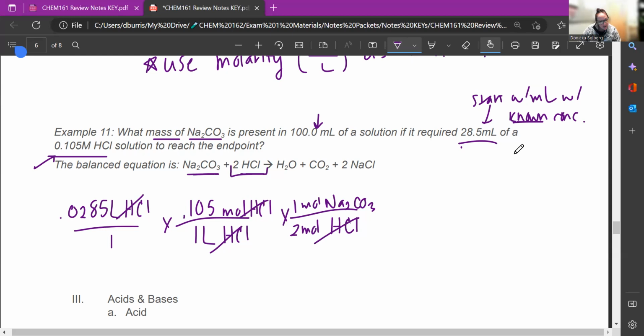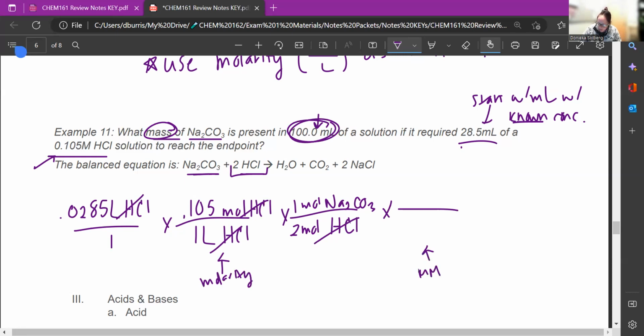Now I don't want moles of Na2CO3. I want mass of Na2CO3. If I wanted volume, I could use the concentration, but I want mass. If you want mass, you need to use molar mass. So if you have liters, you need to use molarity. If you have mass, you need to use molar mass. So over here we use molarity, and over here we're going to use molar mass.